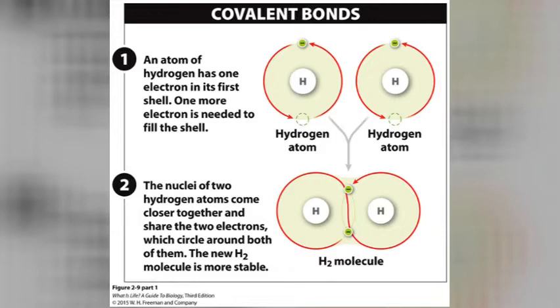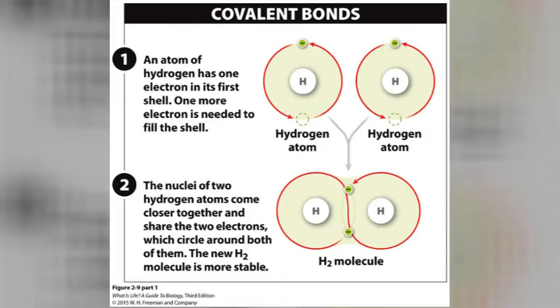Because the atom is most stable when the first shell has 2 electrons, 2 hydrogen atoms can each achieve a complete outermost shell by sharing electrons. The nuclei come close together, but not too close because they're positively charged and their mutual repulsion would destabilize the molecule. And the 2 electrons circle around both of those nuclei.